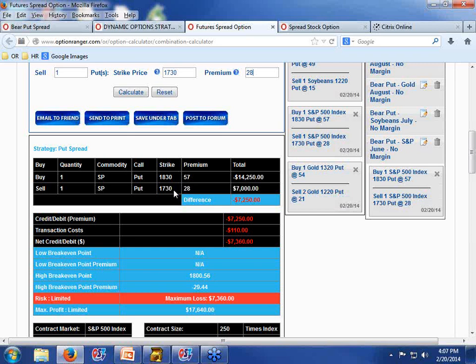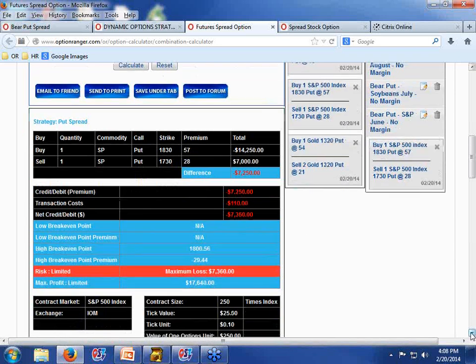So if it drops under 1730, your trade is maxed out. You're not going to make more. So you're looking for the market to end up as close to 1730 as possible, and preferably at 1730 or below. If that's your outlook, this is your trade. If it's not your outlook, you have to change the strike price or you have to change the position type. But again, it's the way a bear put spread works.